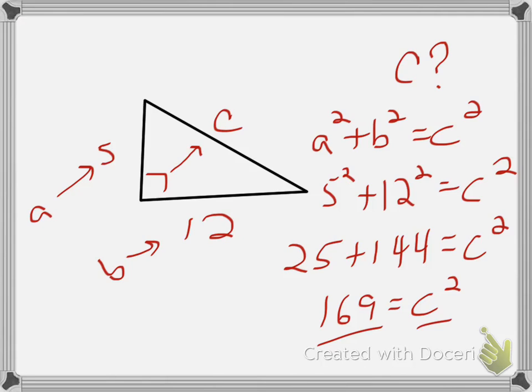This is c squared, which means this is the area of that box, because c squared means side times side. So if we want to figure out what just one single side is, we have to take the square root of it, which gives us 13. And we're done.